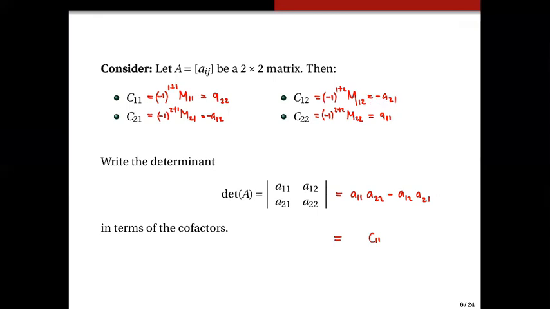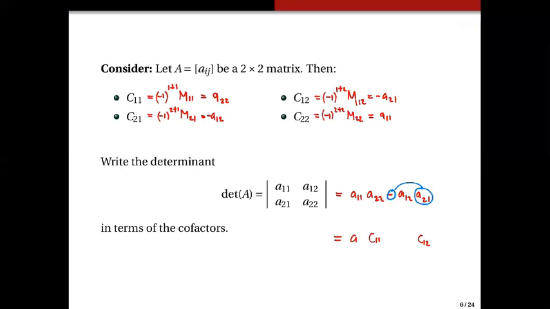So in this formula, we have negative A21, and we will replace that by C12. For the other entries, we just retain them.